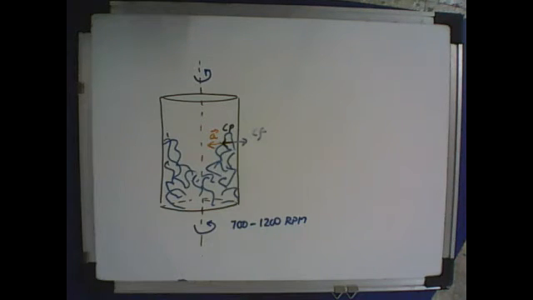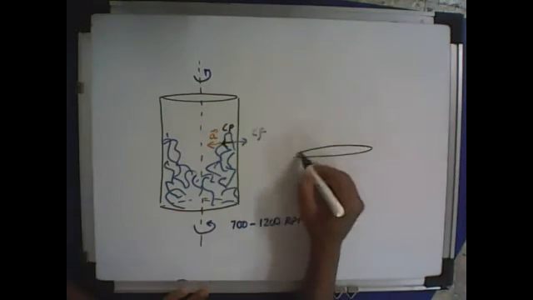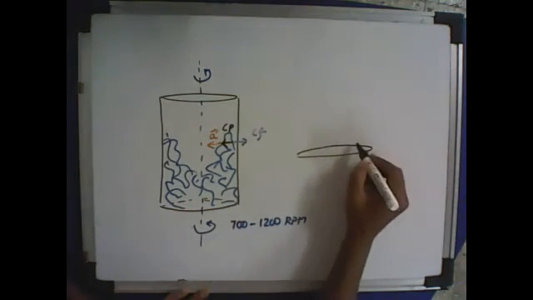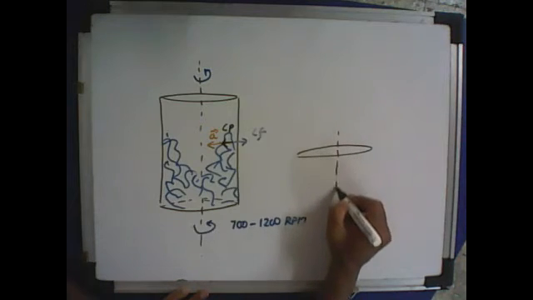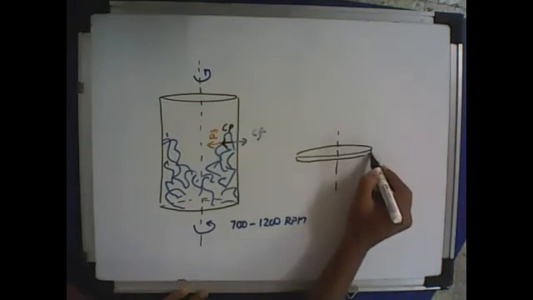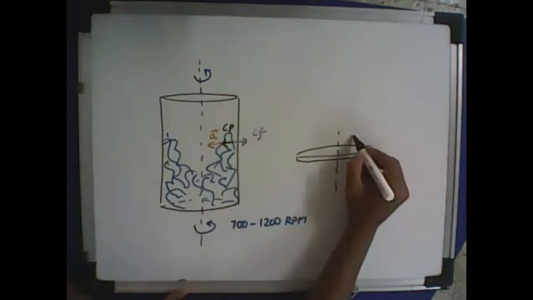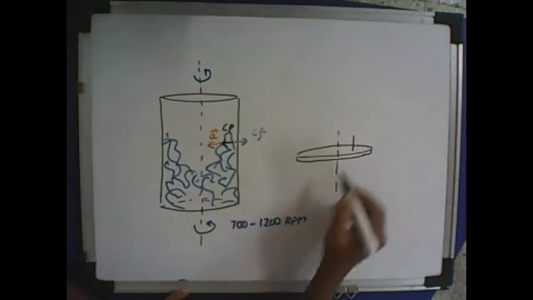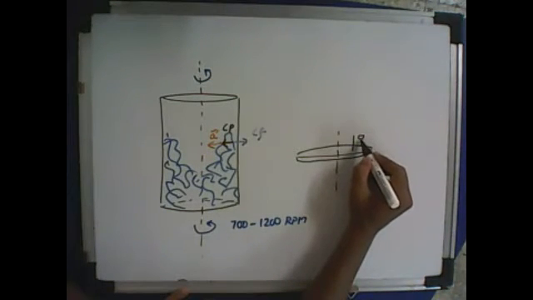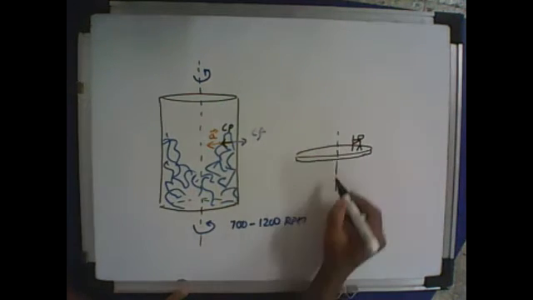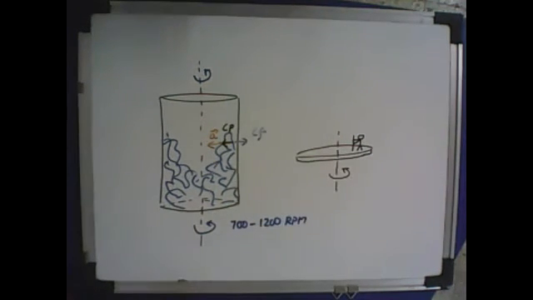So if you are being pulled in a circular path, let's say for example, I put you on a disc, and this is the axis of the disc, and I put a pole here, and I ask somebody to hold on to this pole like that, and then I start spinning this pole around.